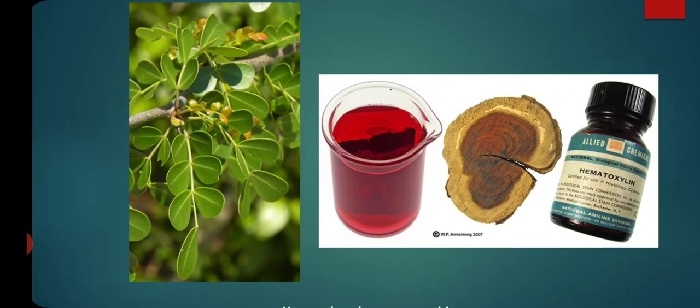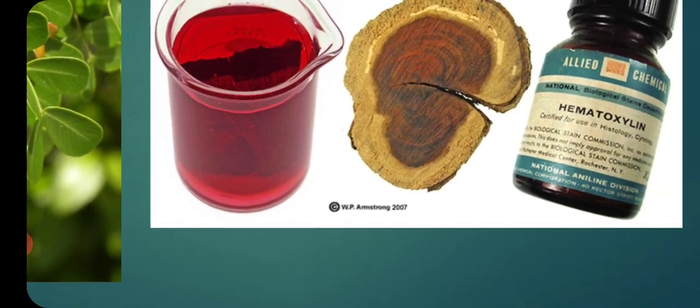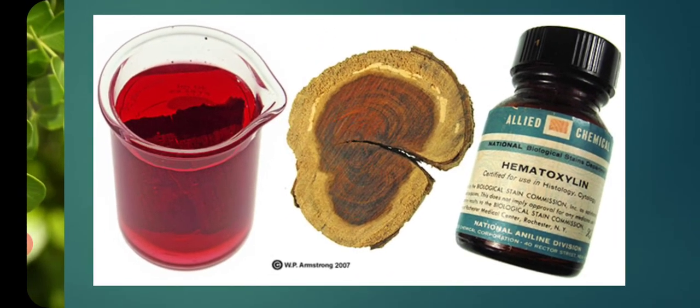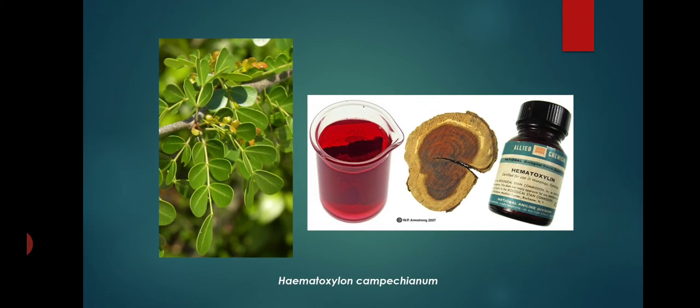Here, for your interest, this is the cytological stain, that is haematoxylin, a somewhat costly stain, which is extracted from these wood chips. In diluted condition, it appears as red or magenta.